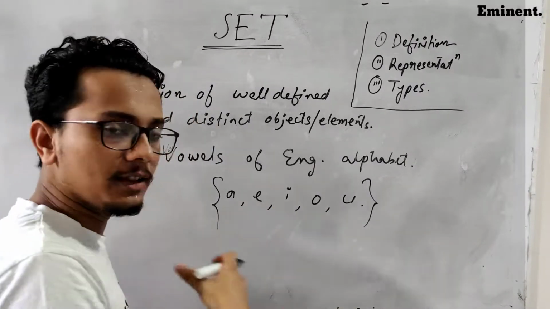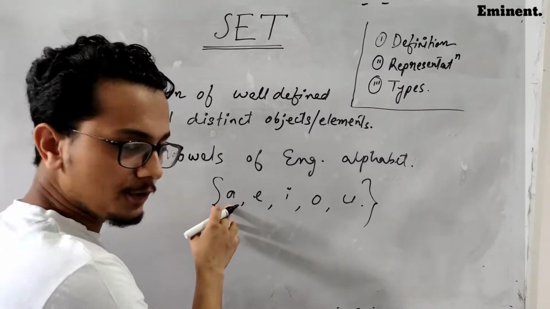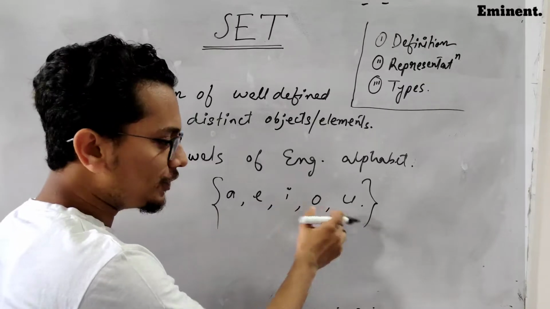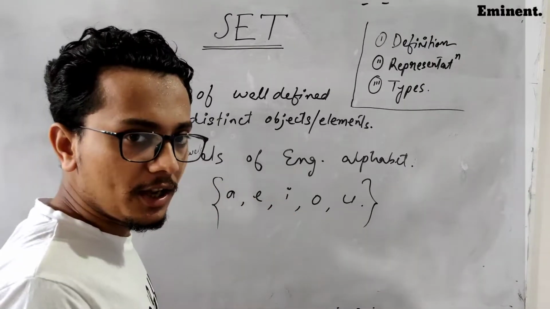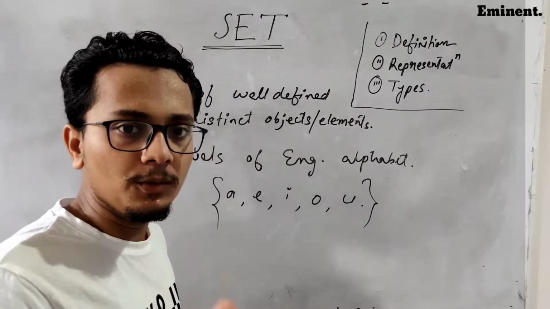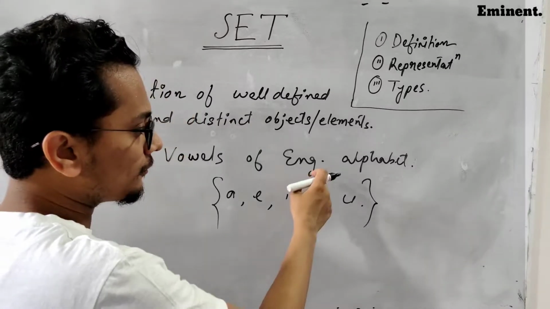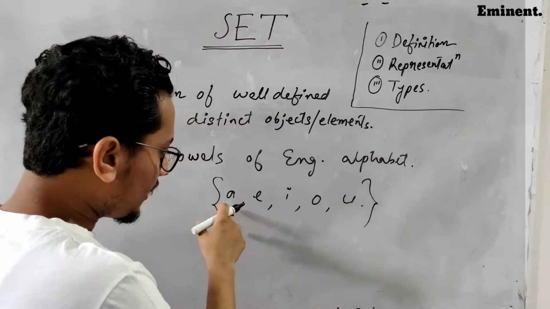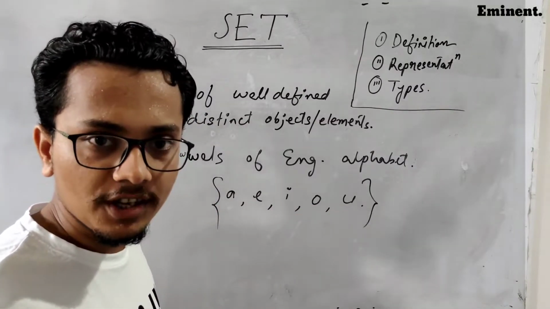If I want to take the vowels of English alphabet as objects, then obviously I will take A, E, I, O, U. And if you want to take the same vowels of English alphabet, then also you will take A, E, I, O, U. Anyone, if they want to take the vowels as object from English alphabet, then they will take A, E, I, O, U. This is not changing.